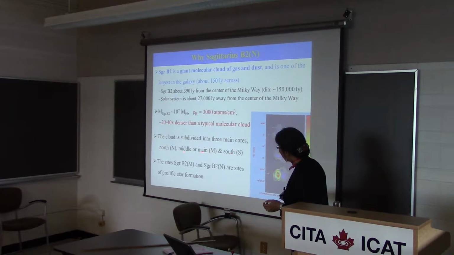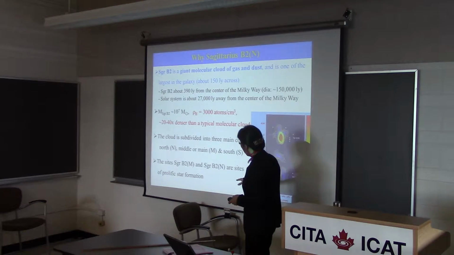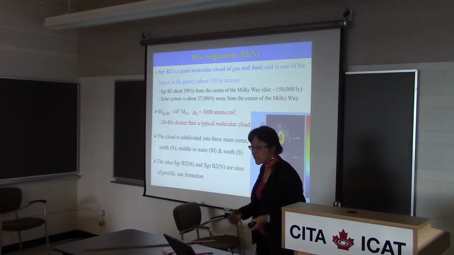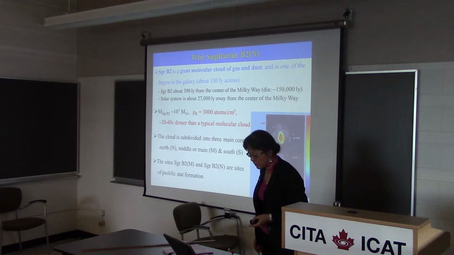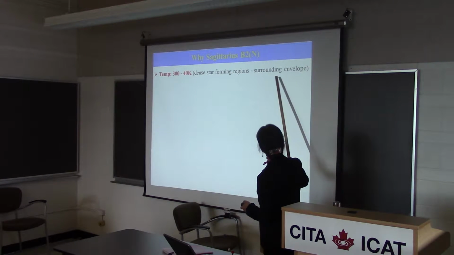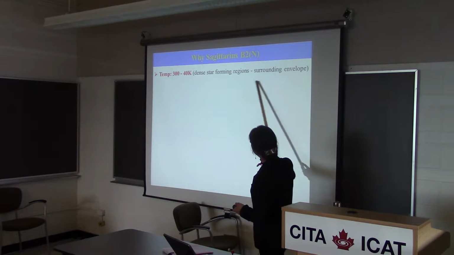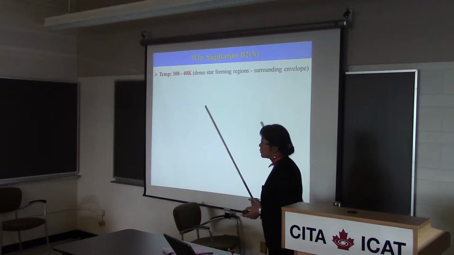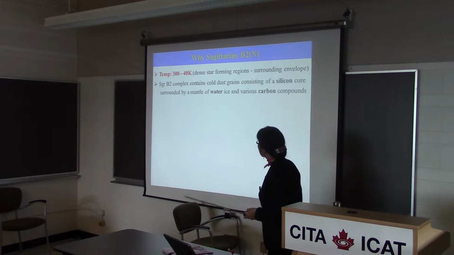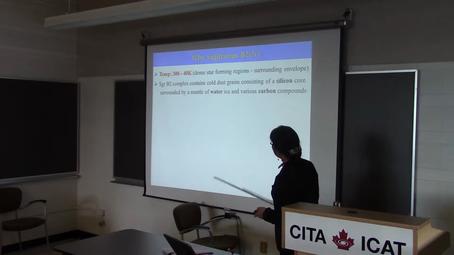Divides into three cores, the north, middle, and south. In this work, we are looking at the north core. Both the middle and the north are considered very active sites for new star formation. The temperature ranges from 40 Kelvin up to 300 Kelvin, depending on whether you're looking at the surrounding envelope or the dense star-forming regions.